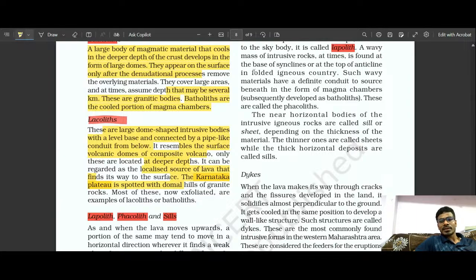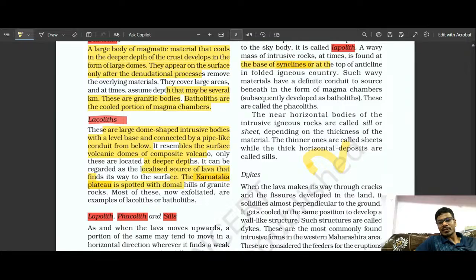A mass of intrusive rocks is at times found at the base of the syncline and at the top of the anticline.